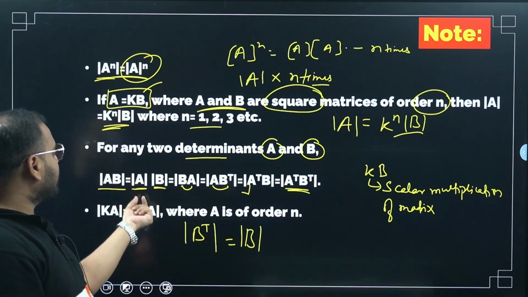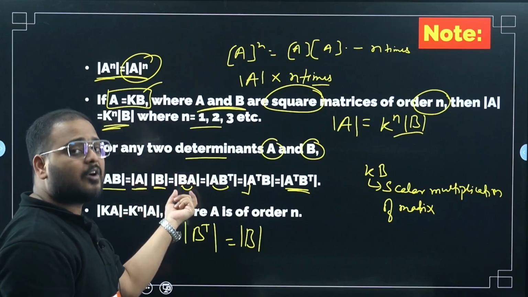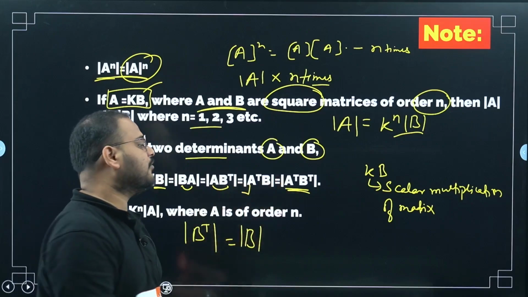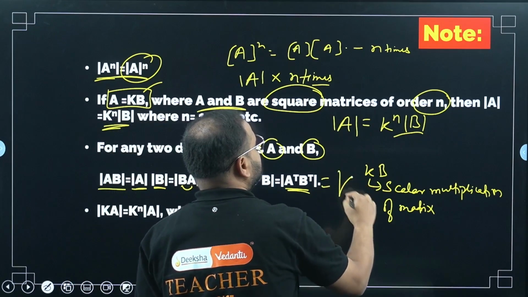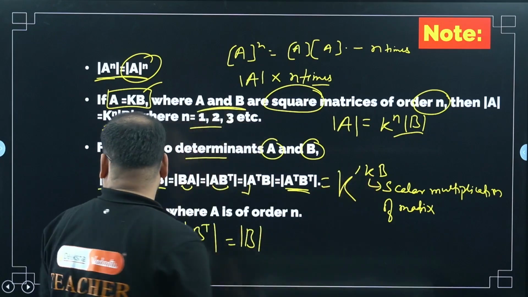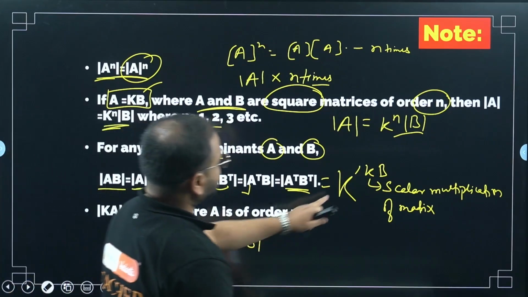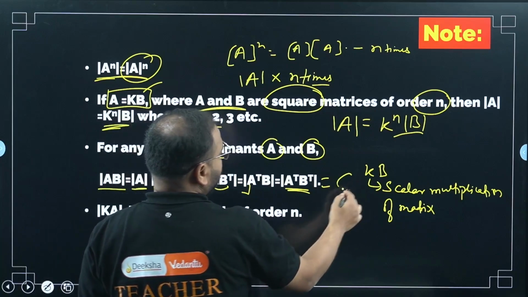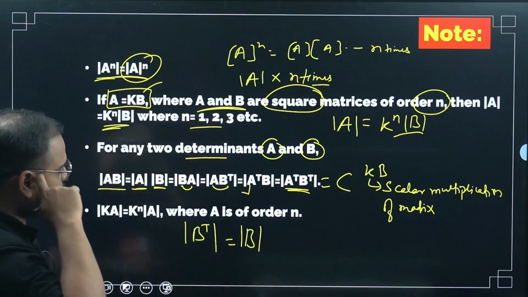So basically this condition is always going to give you the same answer: determinant of AB, determinant of A times determinant of B, determinant of BA, determinant of AB transpose. All these will give you the same scalar value. Let's say this constant value is C, which is the determinant value of AB.